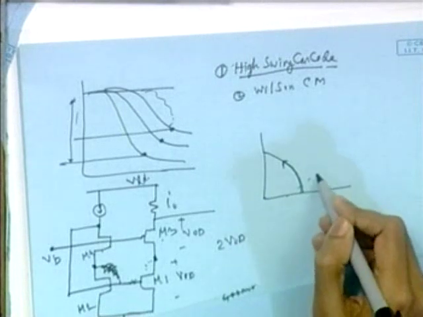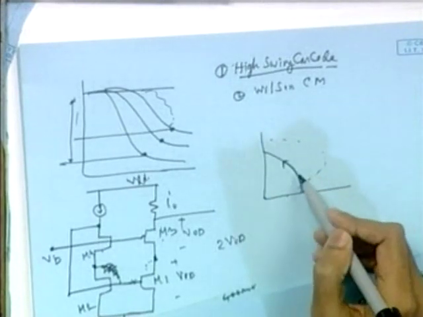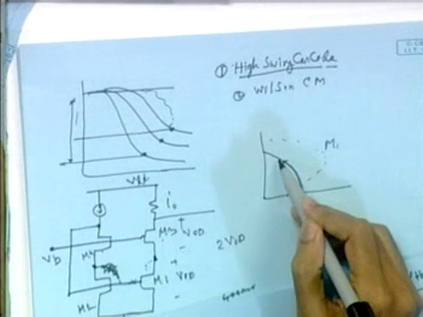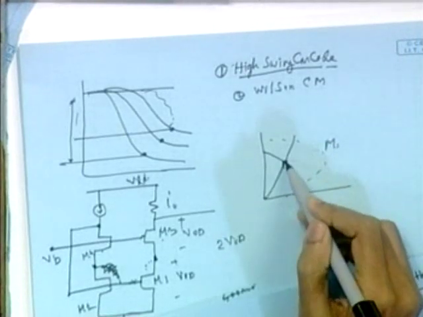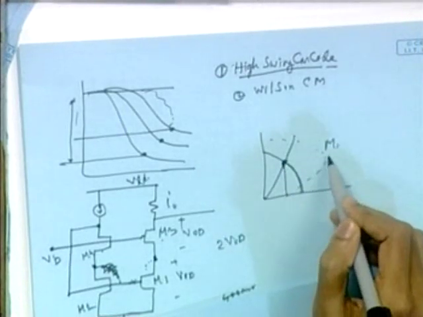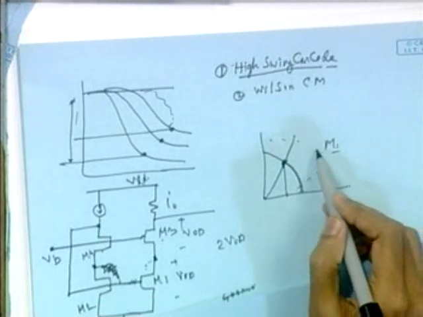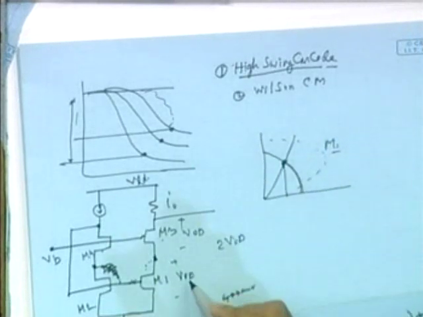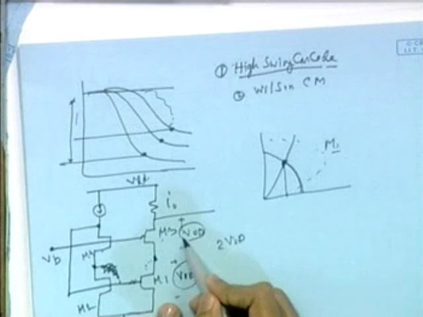Previously it was moving following this. Now M1 is moving along this path, so it can attain this VOD much earlier than in the previous case. So the minimum output voltage attainable is VOD across M1, and the same thing also for this.